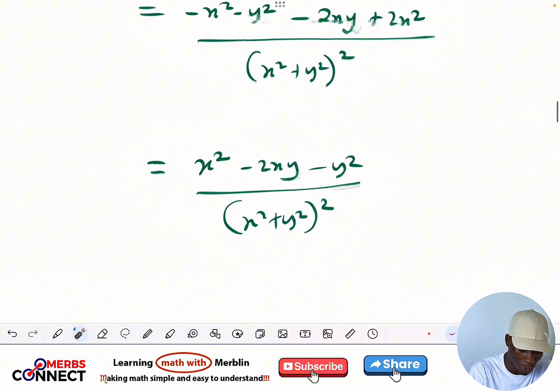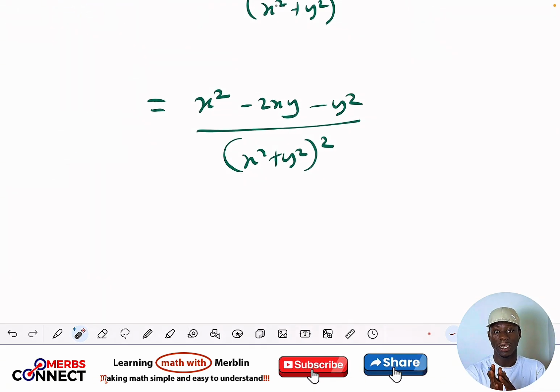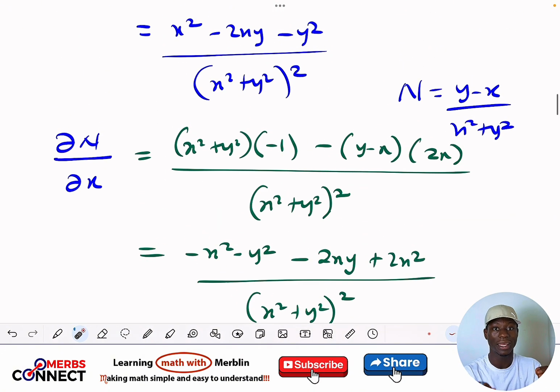So here we can conclude that hence the differential equation is exact, and it shows that the function mu is indeed the integrating factor.